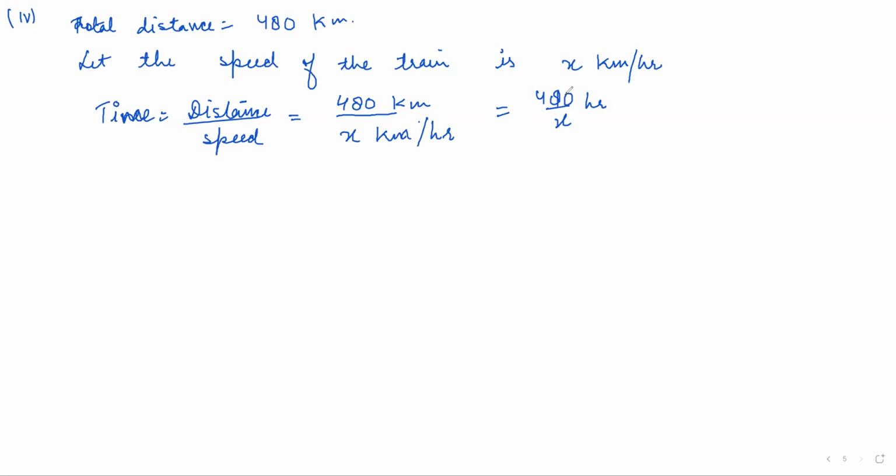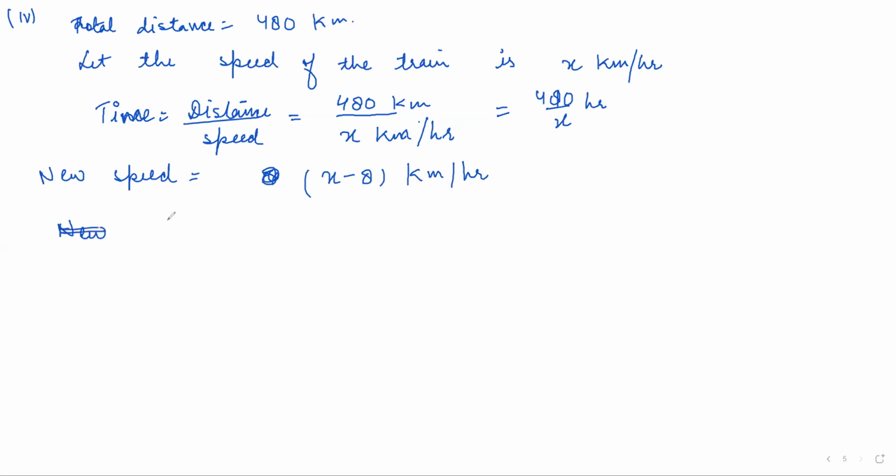Okay. Now read. If the speed had been 8 kilometers less, there is a change in speed. What is the new speed? The new speed is 8 kilometers less, that means x minus 8 kilometers per hour. Now the distance remains the same, so the time taken will vary.